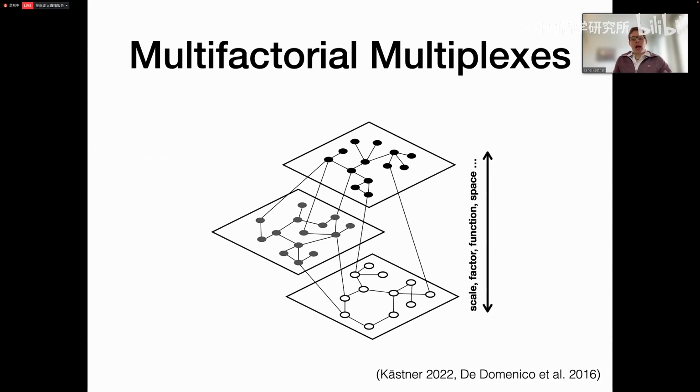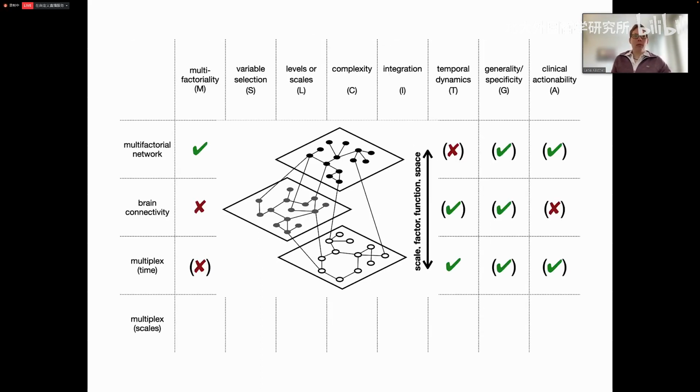And the question is, how do these models then fare with respect to our challenges? Well, let's get back to our scoreboard again. They are truly multifactorial, so that's clear. However, we cannot address variables, levels, or complexity because, again, these multiplexes are extremely unconstrained, so these are not addressed.